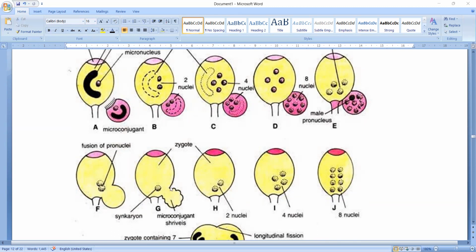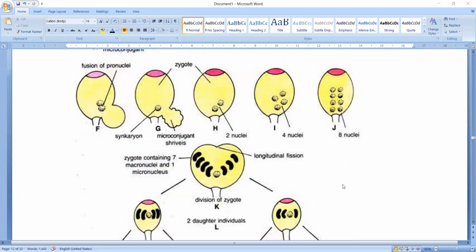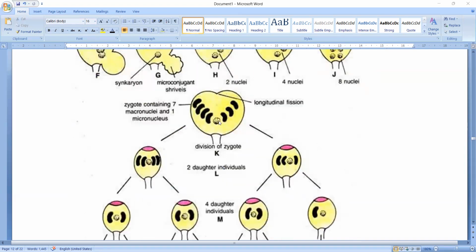The micronucleus again divides into 8 nuclei, out of which only 7 remain, and one micronucleus remains. Here, how to share? This is the central point.